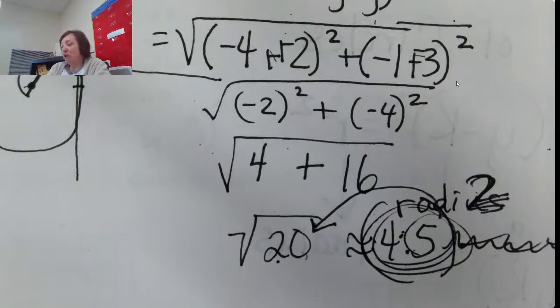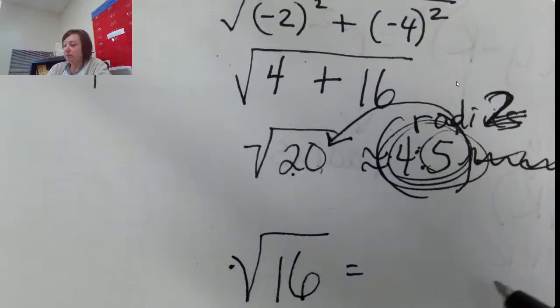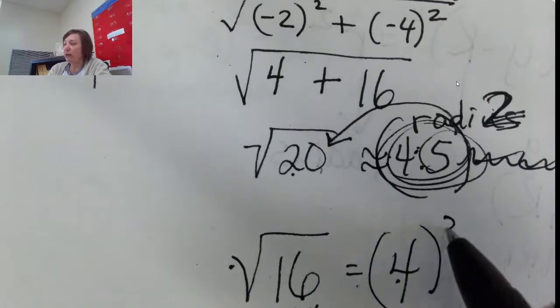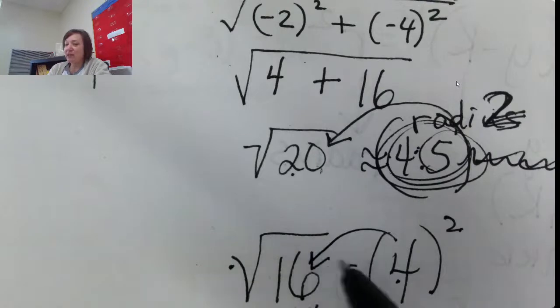Let's not use 20. Let's use something different. 16. What's the square root of 16? 4. Why do you know the square root of 16 is 4? 4 times 4 is 16. So if I said to you, hey, my radius is 4, but you're going to square it, what are you going to get? 16. Why are you getting 16?